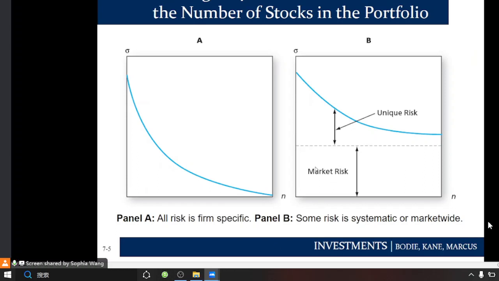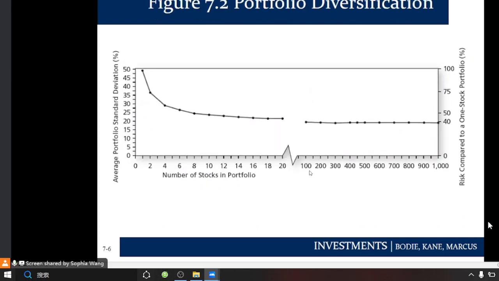From this figure, we can know the relationship between portfolio risk and the number of stocks in the portfolio. This figure is based on data from the Chicago stock market, numbers from the real stock market.